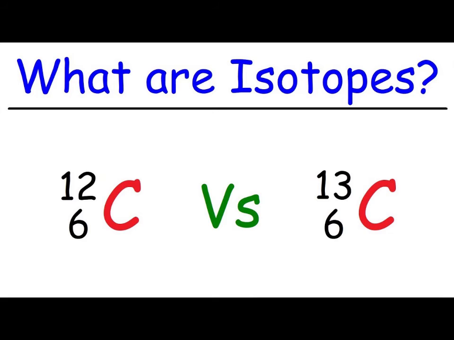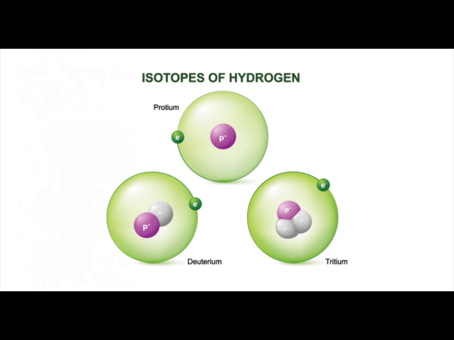To figure out the average atomic mass, we take the relative numbers of these different isotopes and come up with a number. We don't just add them all up and divide, take an average. We look at how often does hydrogen 2 show up? How often does hydrogen 3 show up? Because if we just took the average of 1, 2, and 3, the average would be 2. But the truth is, hydrogen 1 is like 99% of all the hydrogen you'll ever find.